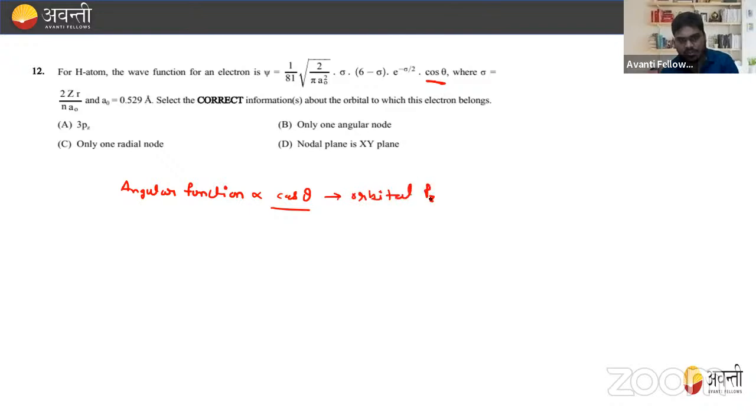So this one is correct, option number A is absolutely correct. Now here the power of sigma is 1 only.